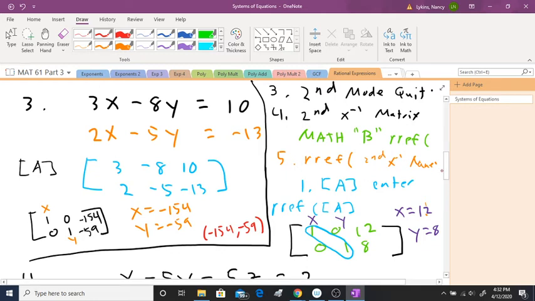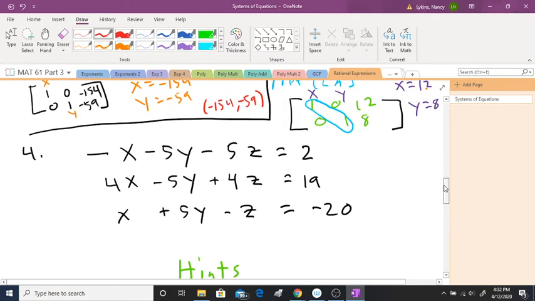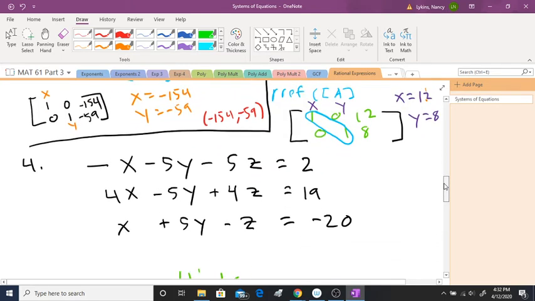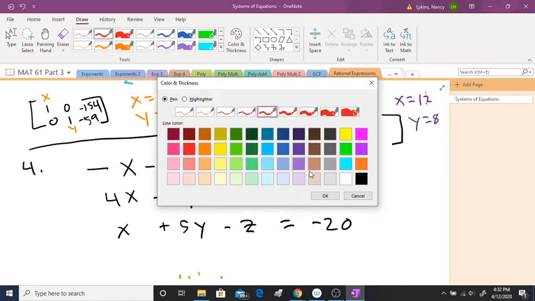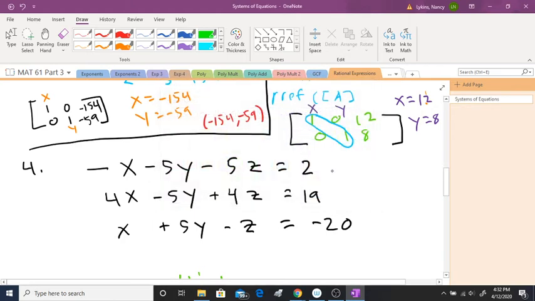So finally, what we're going to do is use the same kind of setup, but now with a number 4. Now, on number 4, this is a different type of matrix. Watch this.